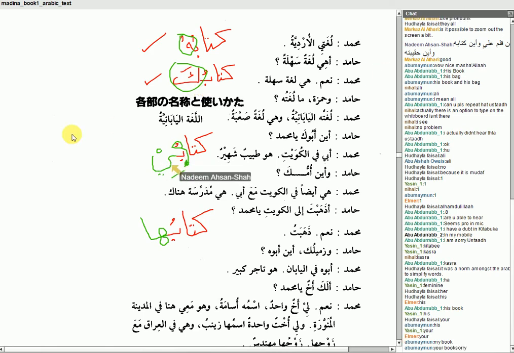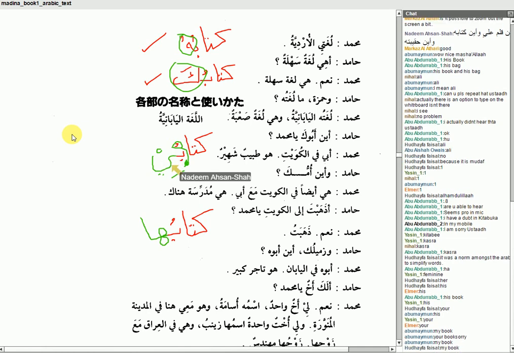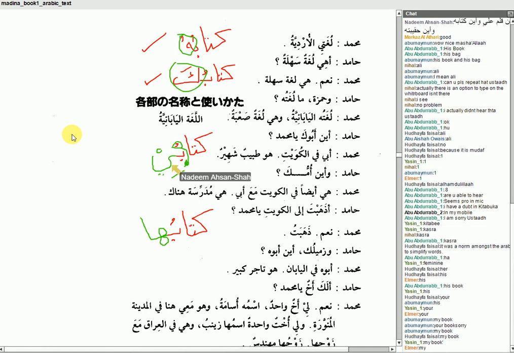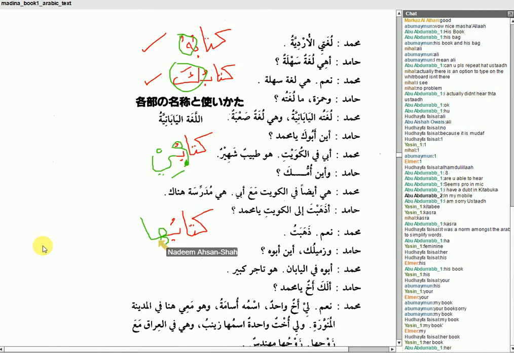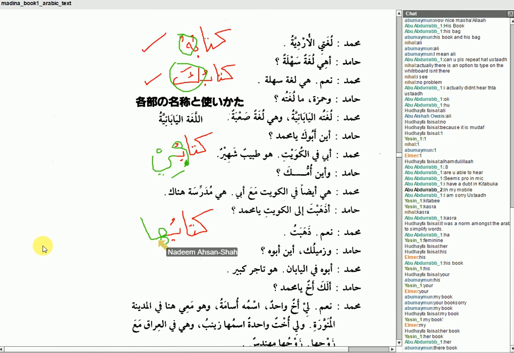And this one, brothers, what does it mean? Kitabi. This one means my book. Ahsantum. And this one, kitabuha. And that is the third thing that you're going to learn in this Dars al-Ashir.